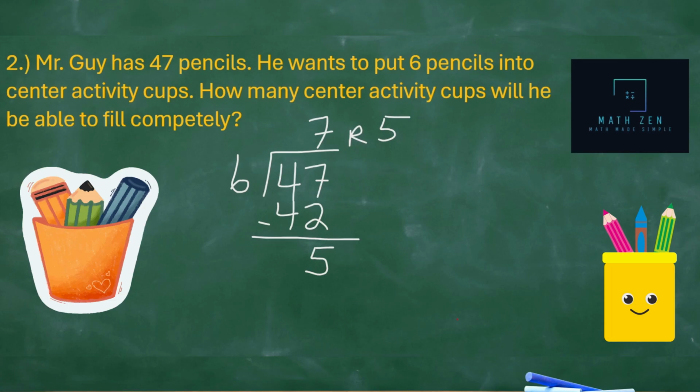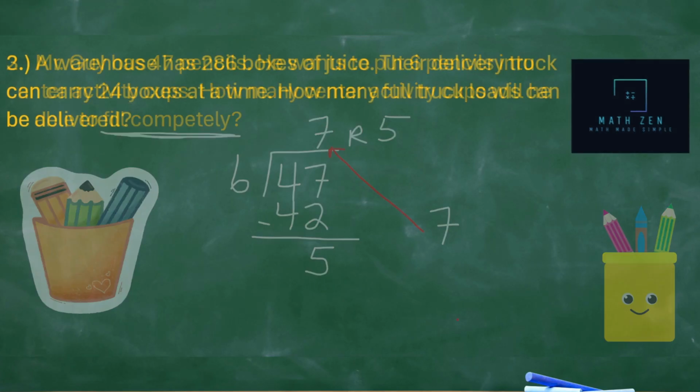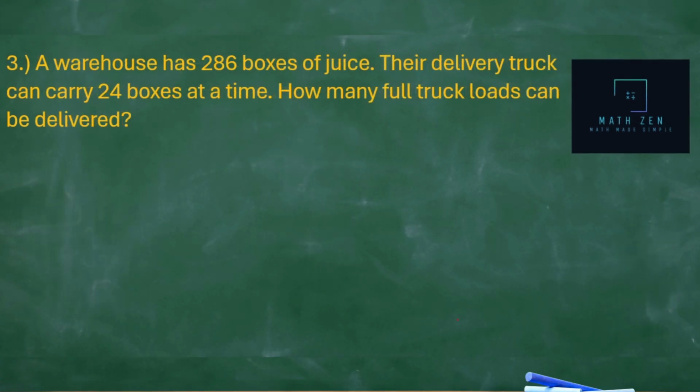So similar to the last problem, we have to only look at the actual quotient, and we're allowed to drop the remainder completely here because we don't care about those 5 pencils, because they will not fit into a cup that is completely filled with 6 pencils. This right here, what I've underlined, is the key phrase that you need to take note of on problems like this. All right, so far so good with the 2 problems that we have done so far.